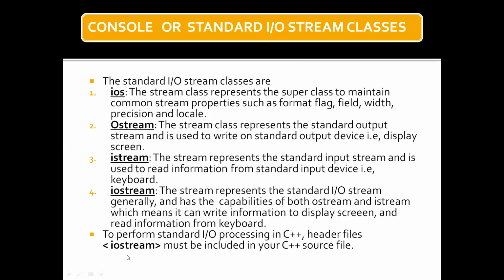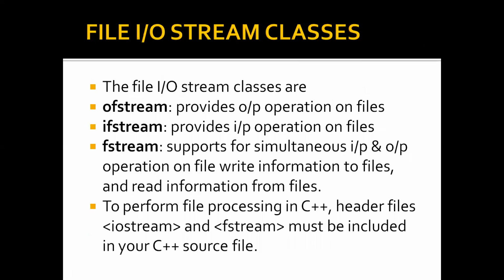This is nothing but the console or standard IO stream classes. Next we'll see the file IO stream classes. These file IO stream classes are generally used for the purpose of files only. When we are invoking a file in our program, we'll be using this type of stream.